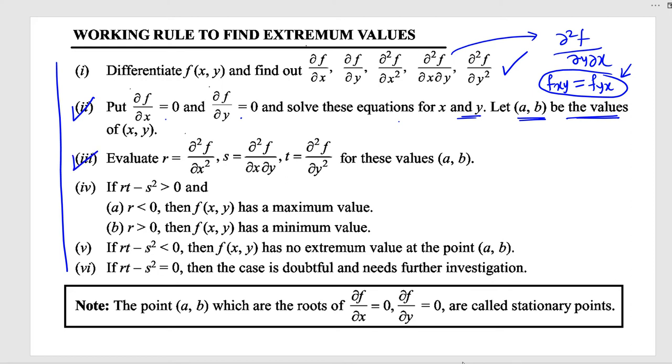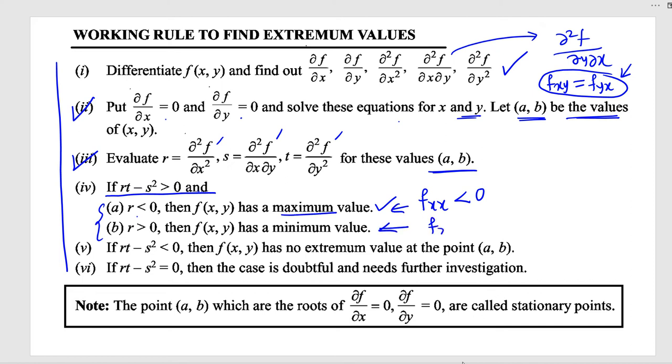Then we have to evaluate the second order partial derivatives at the stationary points. Now verify if this is greater than 0. If the determinant of the principal minor of order 2 is greater than 0, then we have two conclusions. If fxx is less than 0, then we have a maximum.